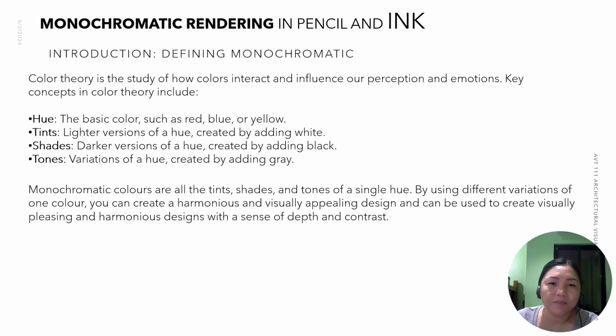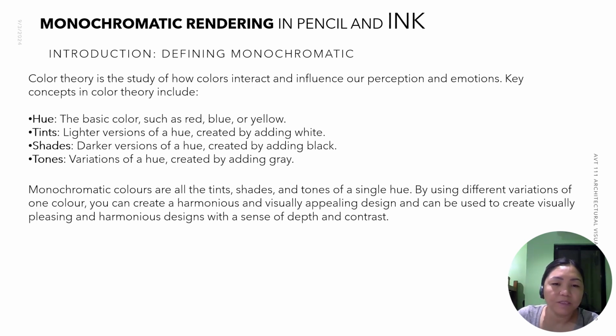Some of the key aspects of monochrome rendering is the emphasis on light and shadows. In order to create a powerful and dramatic visualization, this will allow us for deeper focus on the structure and texture. So we are more focused on architectural form and spatial relationships.